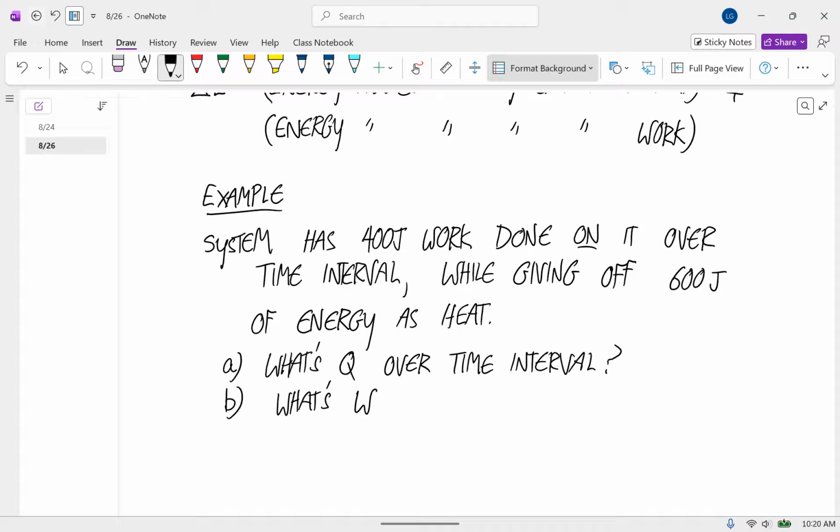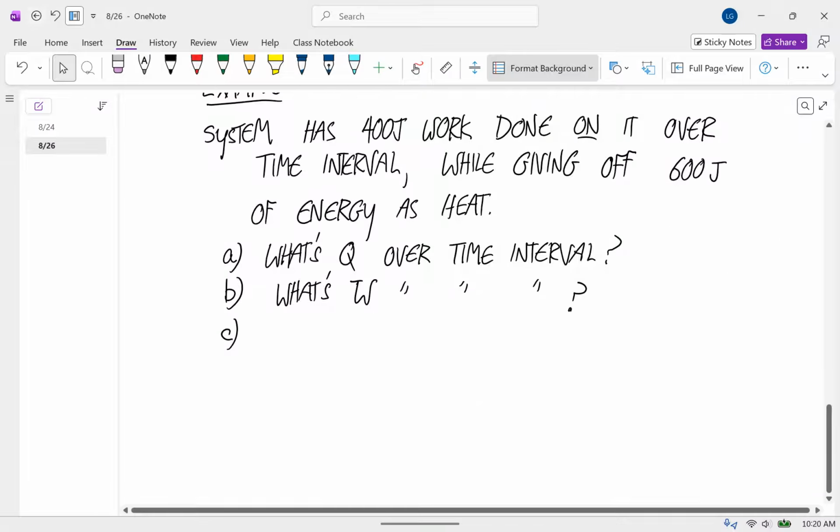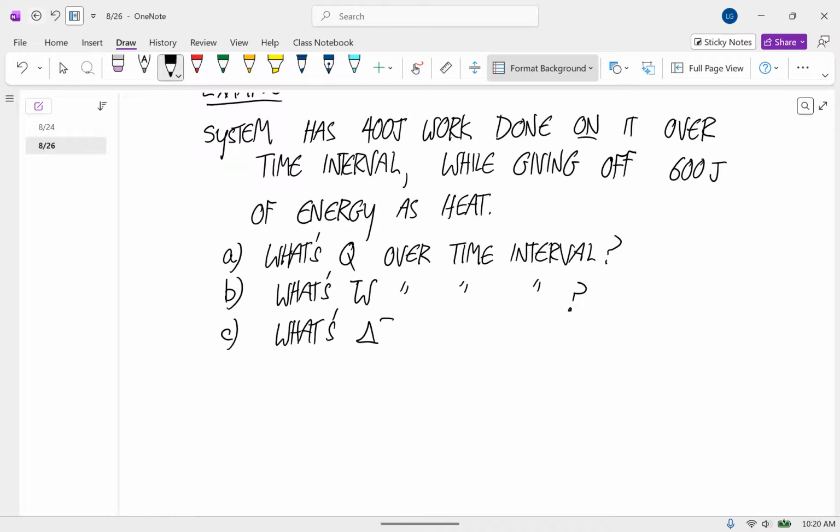What's the value of W over this time interval? And finally, what's the change in the system's energy over this time interval?